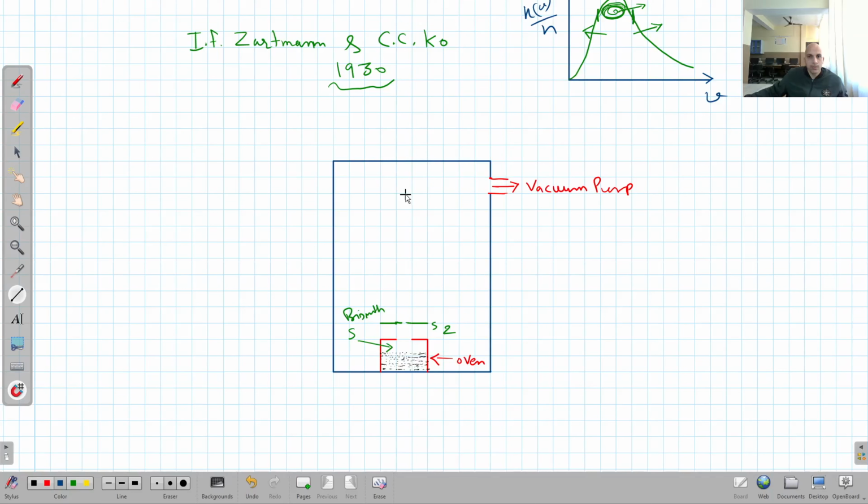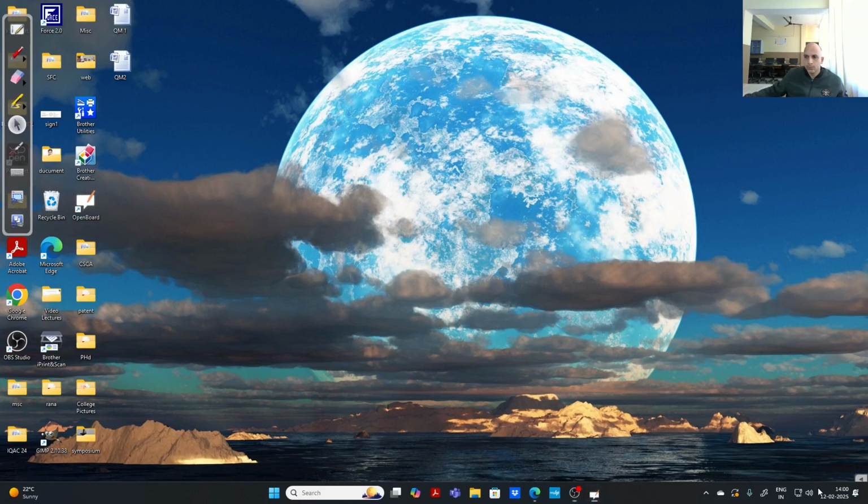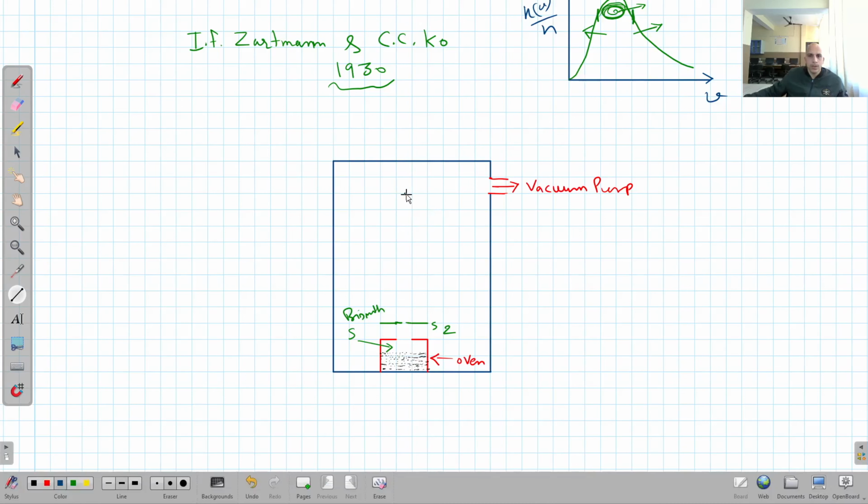So this is the fine beam of bismuth atoms that is coming out of this opening, right, through this very fine slit. Clear? And here we have a fastly rotating drum.